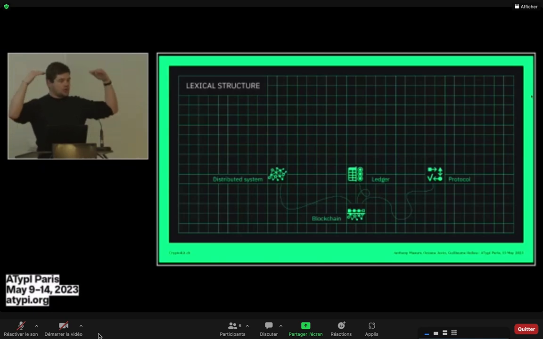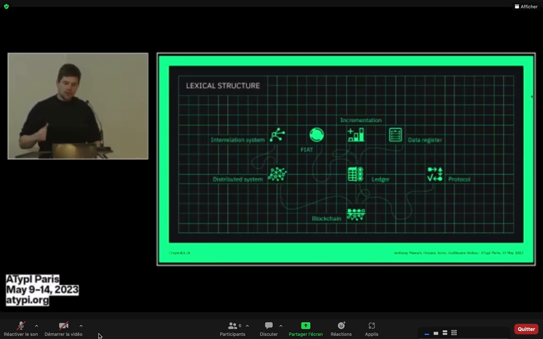And then we create a layer on top of it to say, okay, ledger, what does a ledger mean, what are the words that we find in this definition in the dictionary. It's a data register that is incrementing all the time about fiat currency, so euro, dollar, whatever.